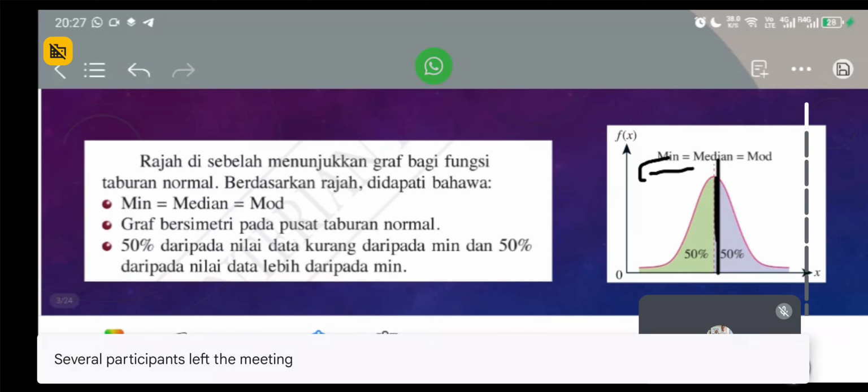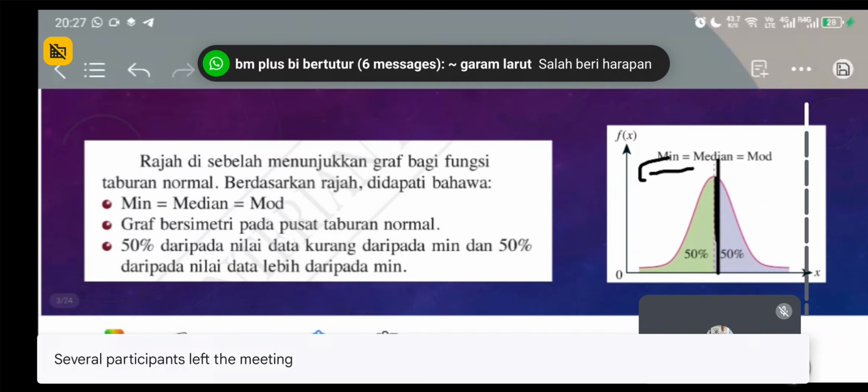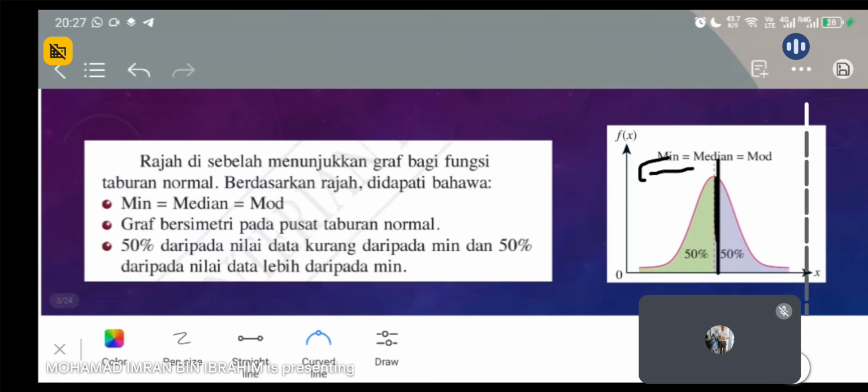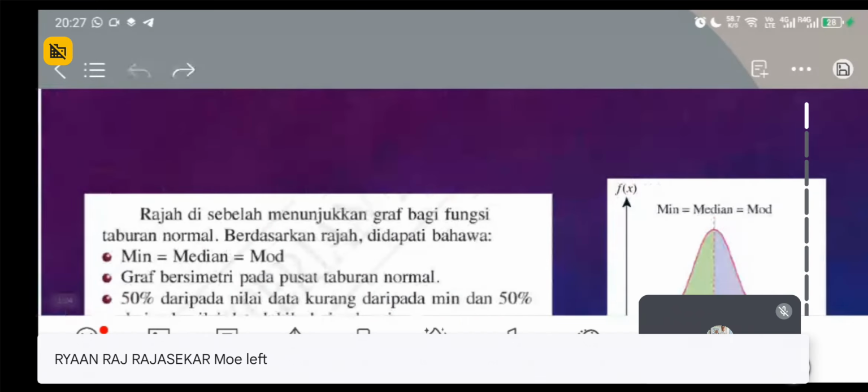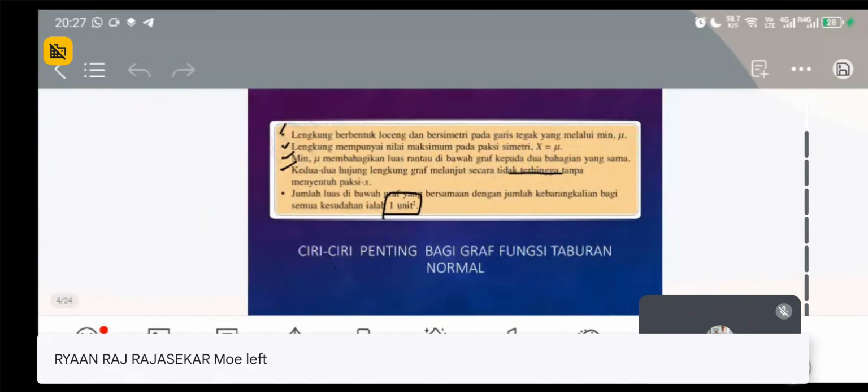And then you can see that the data on this side is the same, also 50%. So you can understand it like that. So this is evenly distributed, this side is 50%, this side is 50%. So when you add up at this point, if you understand this and some of this before, you can come to the conclusion. Next one.